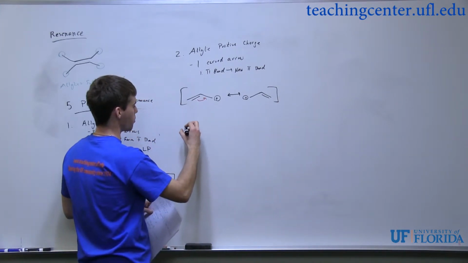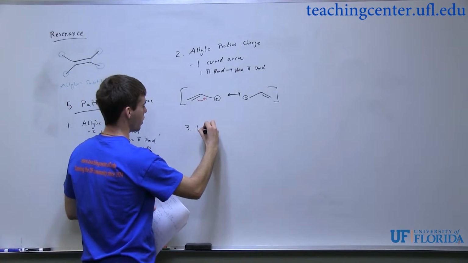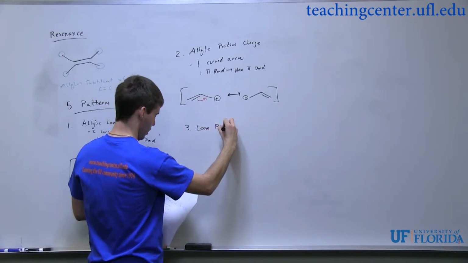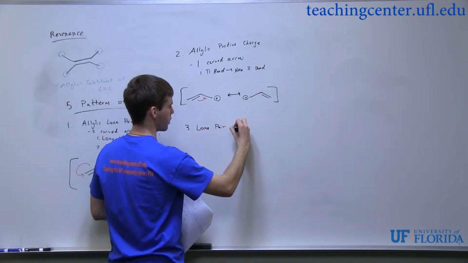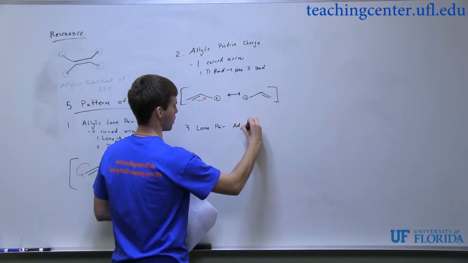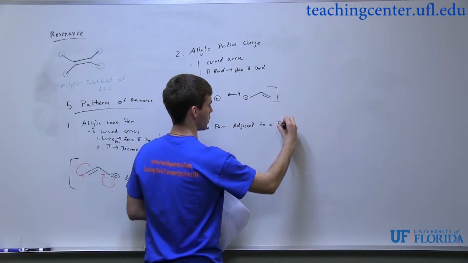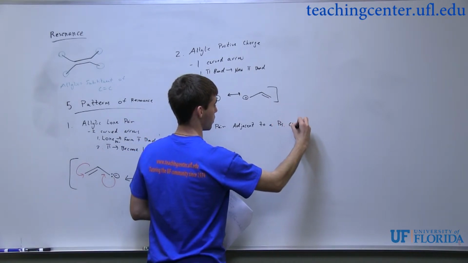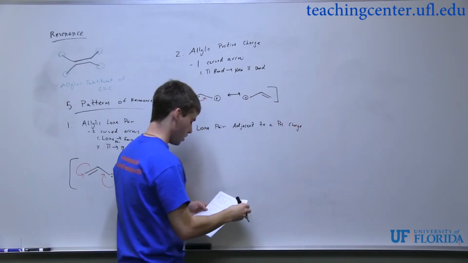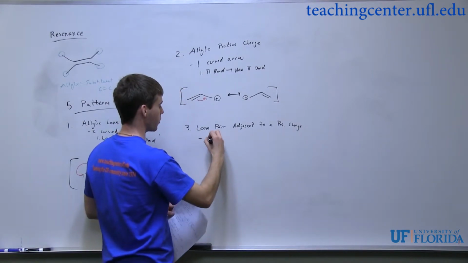So, our third pattern: we've got a lone pair adjacent to a positive charge. So this, again, is just one curved arrow.